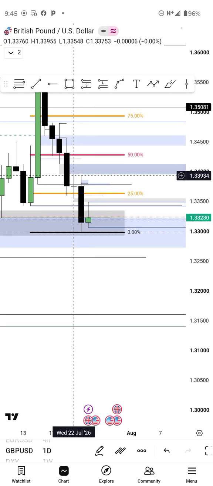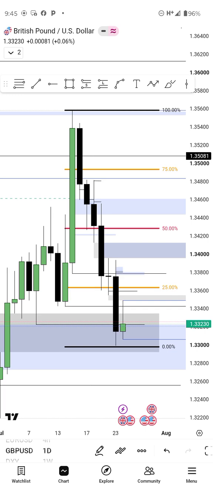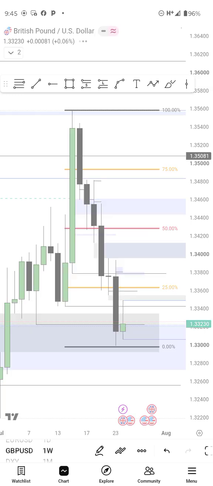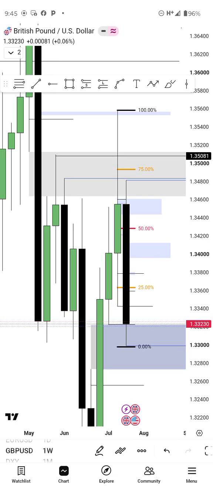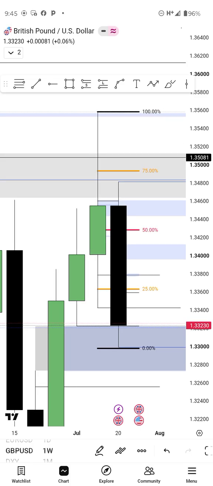And if you go to the weekly, you can see that we closed below this candle, right?